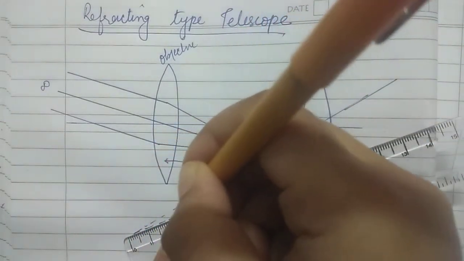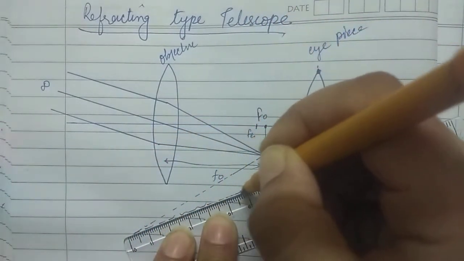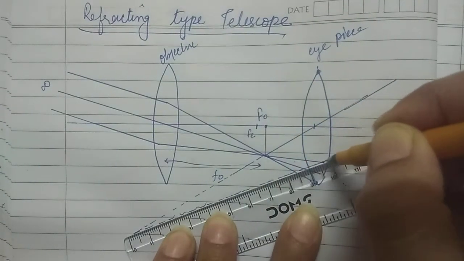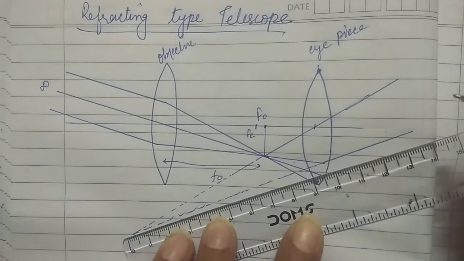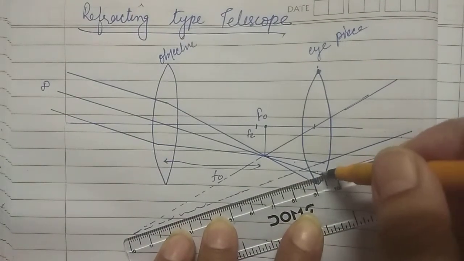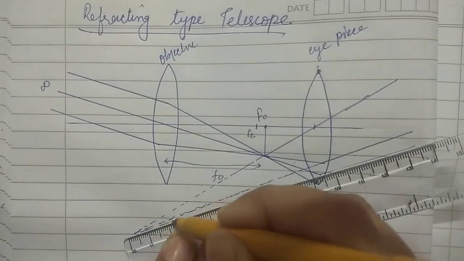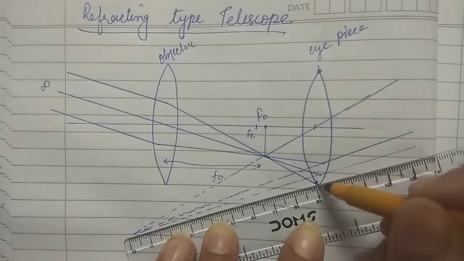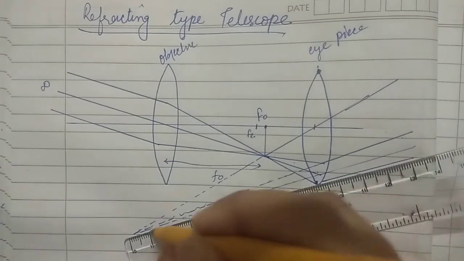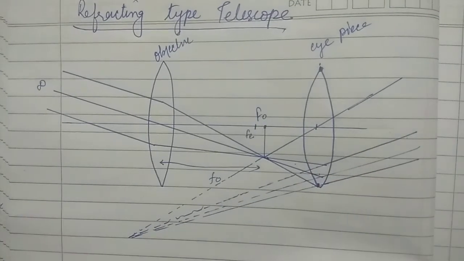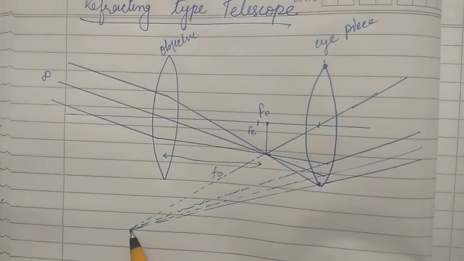This would be by the dotted lines. Another ray. So we have shown that all the 4 rays are going to meet at this point.